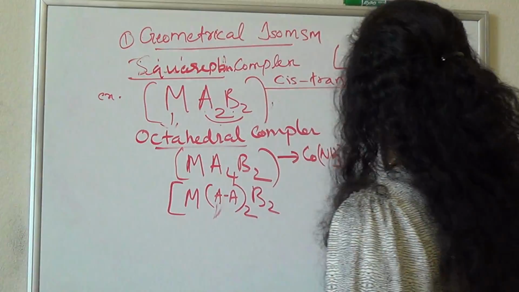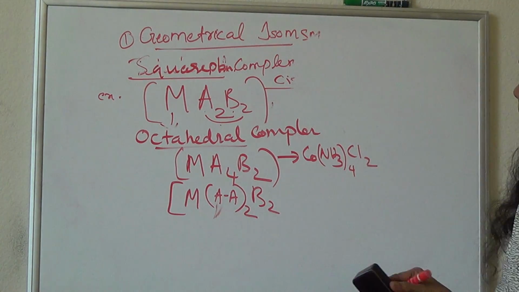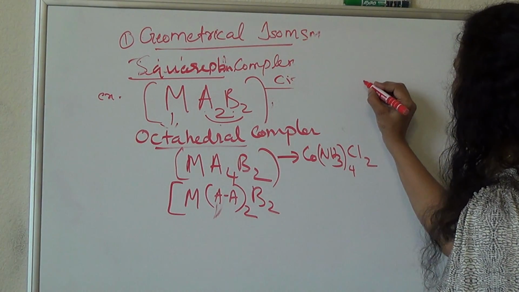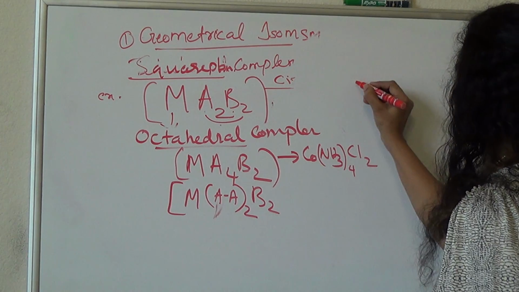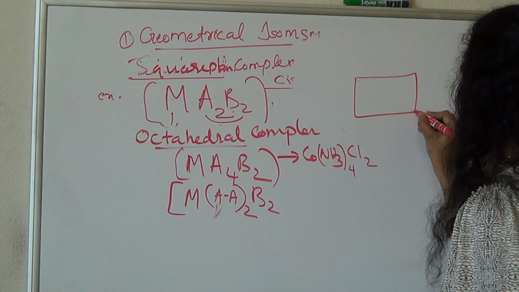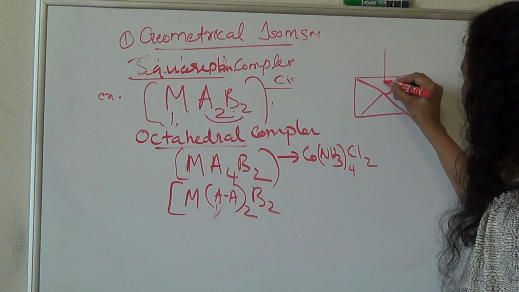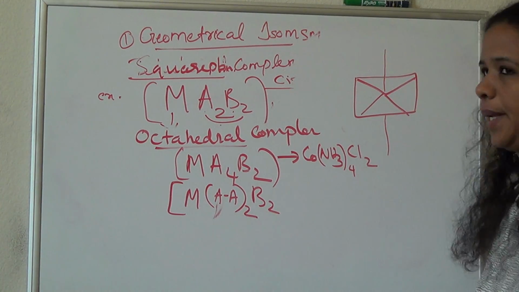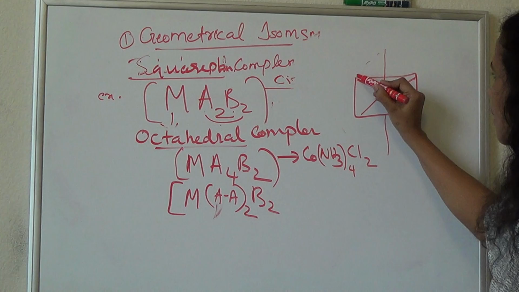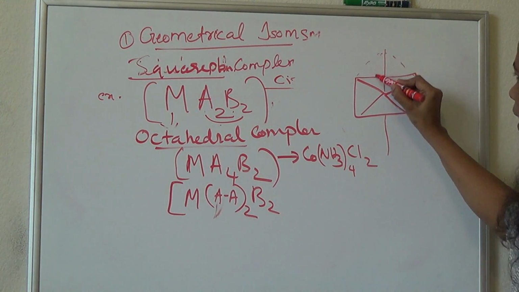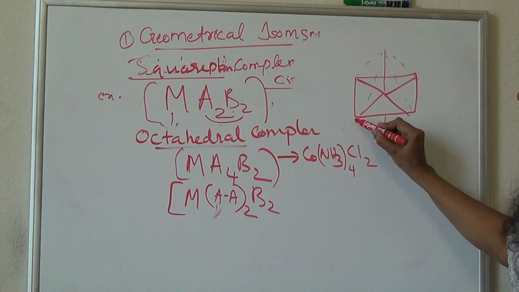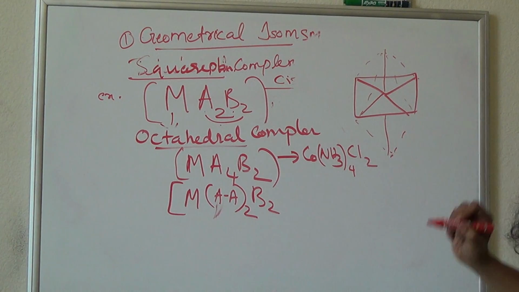I will draw the cis and trans isomers. We can draw an octahedron very easily. First draw a square and one above the plane and one below the plane. If we join all these corners, we will get an octahedron. I am not drawing that because it will be very confusing.